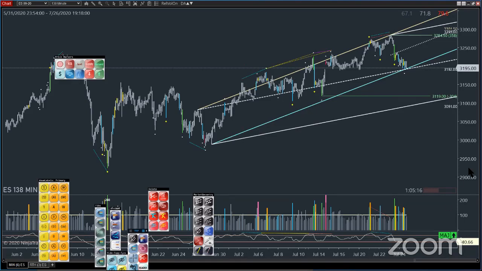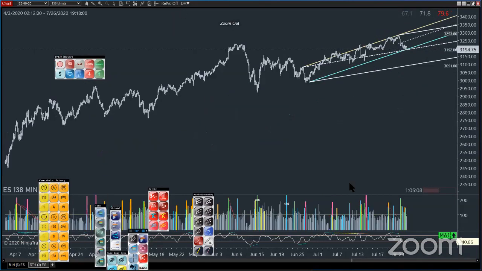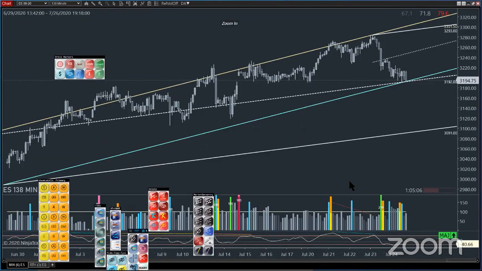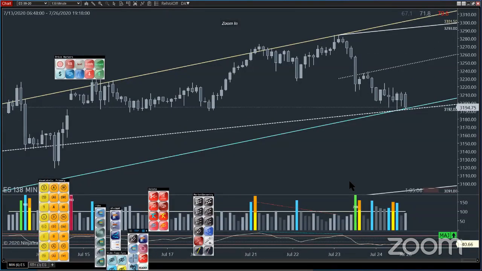Ooh, man. That might be making a low right this moment. Look at how perfect that low Friday was.